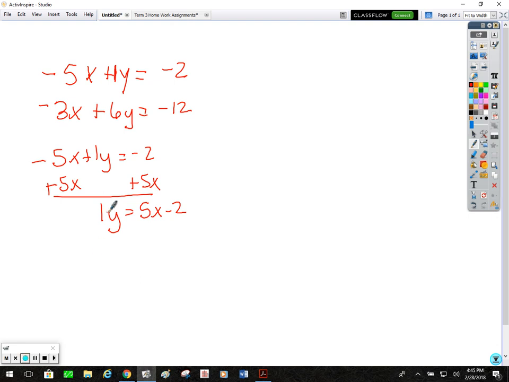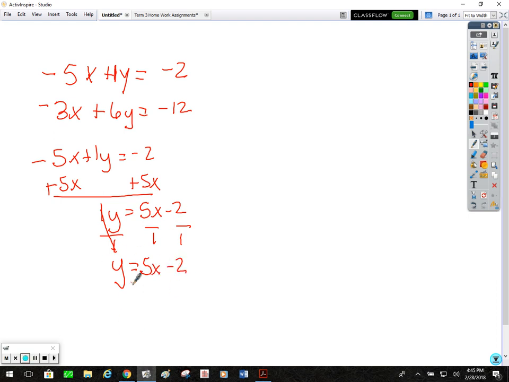Alright, well now guys, this is a positive one, so really don't need to do this next step because it's not going to change anything. But remember, we've worked hard on remembering to divide by whatever's in front of that variable. So we're going to carry it on out and keep our pattern the same. So we have y is equal to, because this is going to cancel, 5 over 1 is 5, and then negative 2 divided by 1 is negative 2.